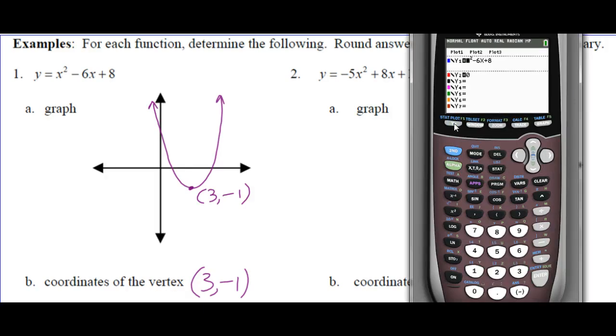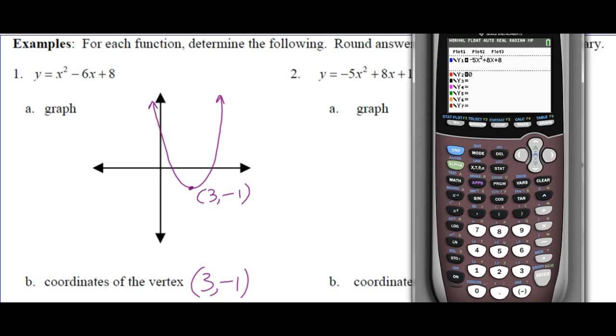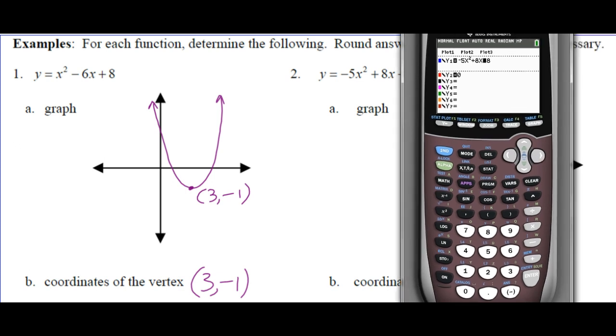Okay, y equals. All right, so we have an equation, we graph it, and we're missing something.